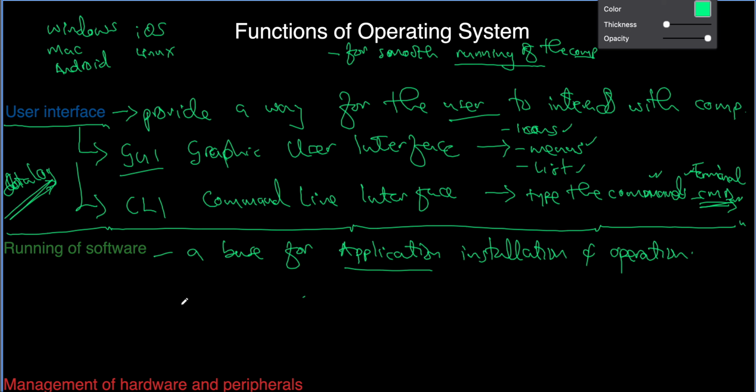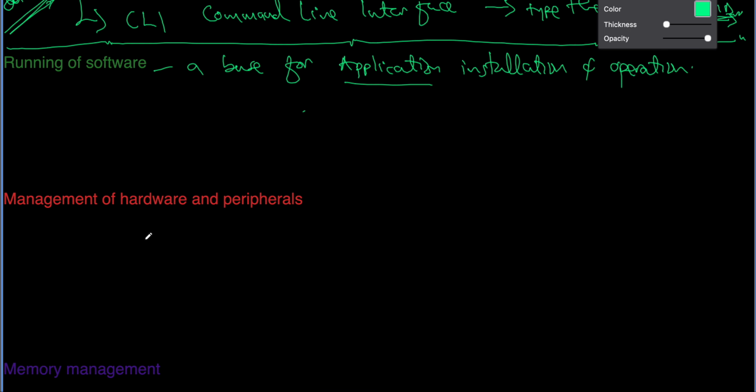When we are talking about the management of hardware and peripherals, we are saying that the operating system is responsible for controlling all the devices connected to the computer, right? It is the one that tells them how to interact and to operate correctly.